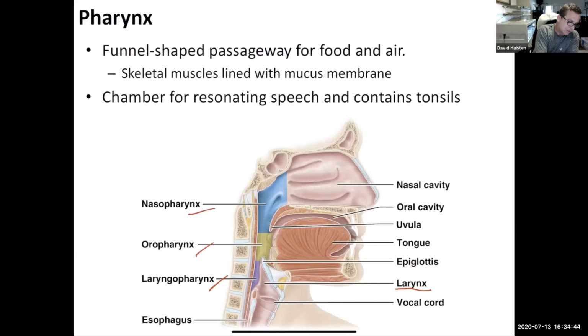You swallow, this flap, the uvula, swings up and closes off your nasal cavity. However, when you're taking in air, it comes in your nares, moves through the channels, superior, middle, inferior nasal meatuses. The air comes down and moves through your larynx down into your trachea.